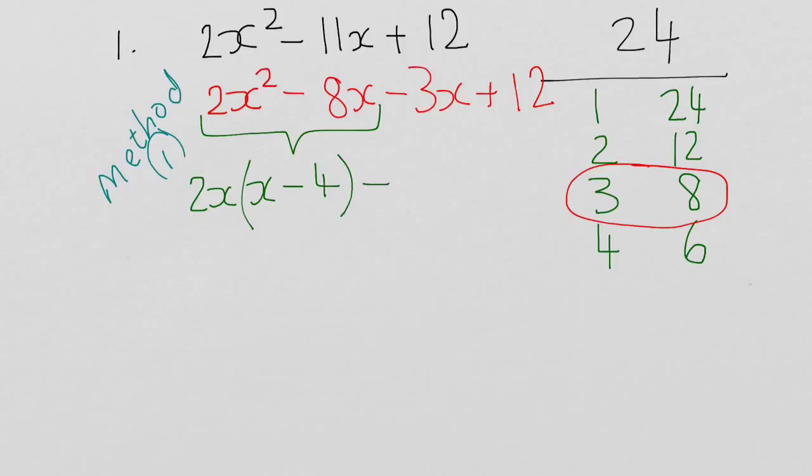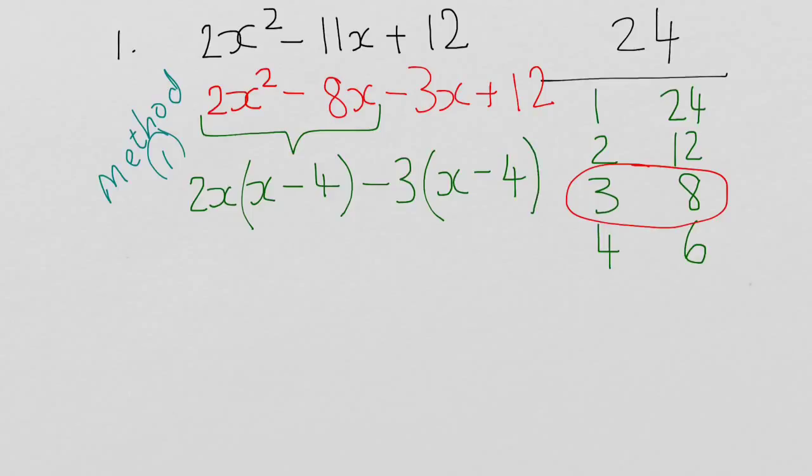And then we want to do minus, common factor here is 3, so minus 3 times x to give us minus 3x. And then you'll notice this is a positive 12. So minus 3 times something gives us positive 12, so it's going to be a minus 4.